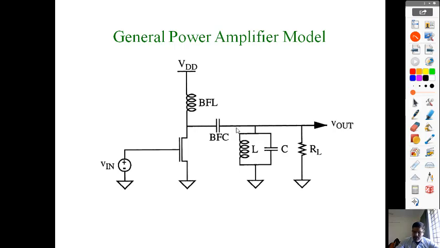Therefore, the DC power dissipation at the Q point will be 0, because the Q point current, or the DC current through the active device, is 0 when the Q point is placed very close to the cutoff region.